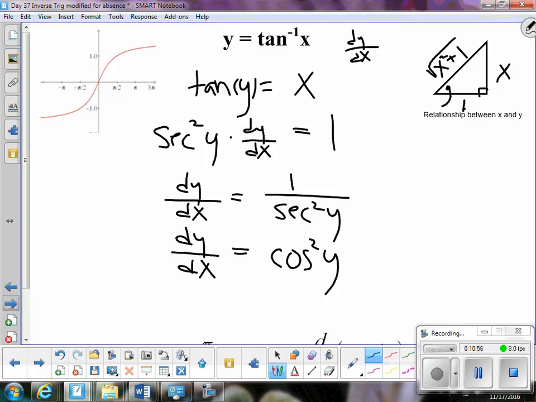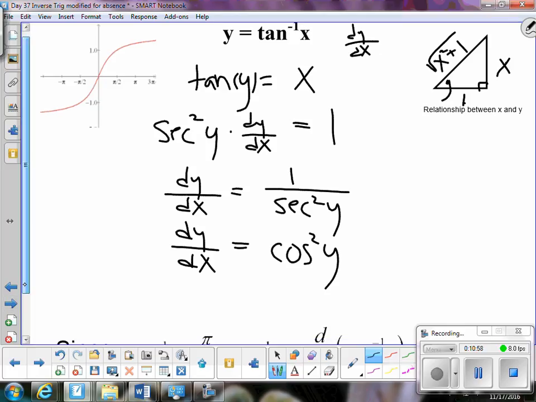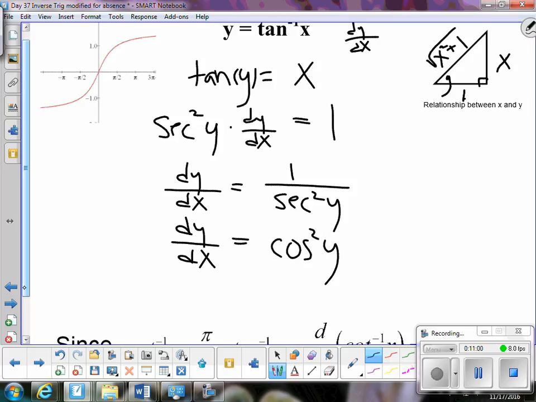Now let's fill in what that is in terms of x. The cosine of y, so we just got to figure out what would the cosine of y be and then square it. So if you look at our diagram up there, cosine of y, that's adjacent over hypotenuse.